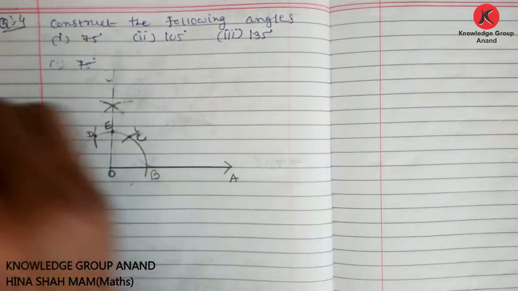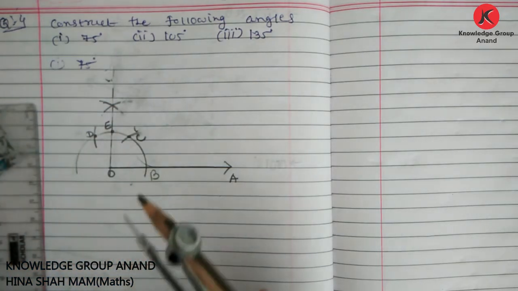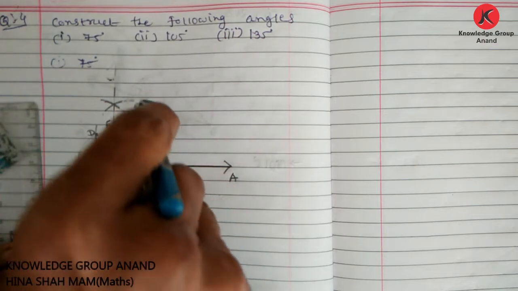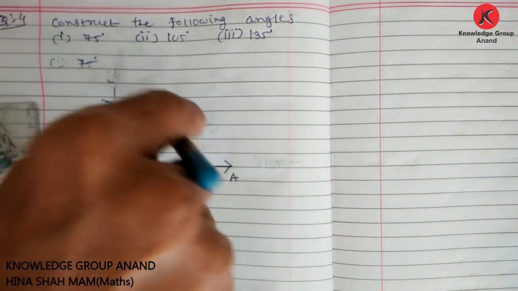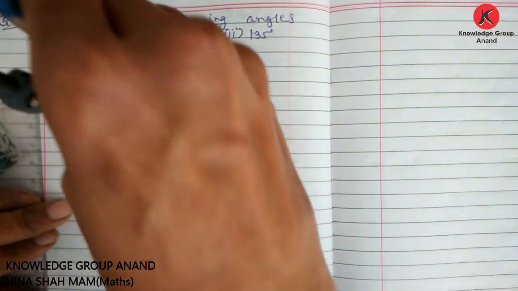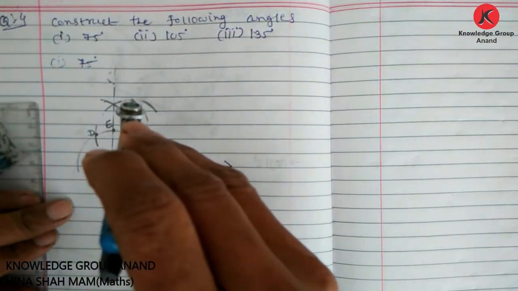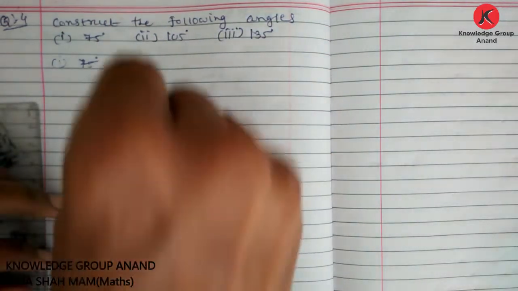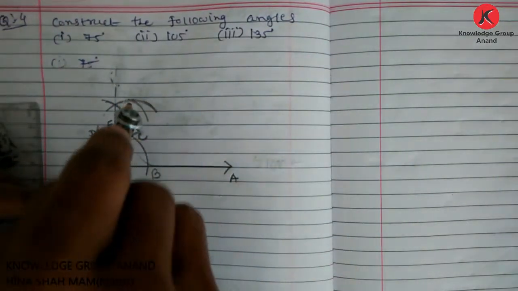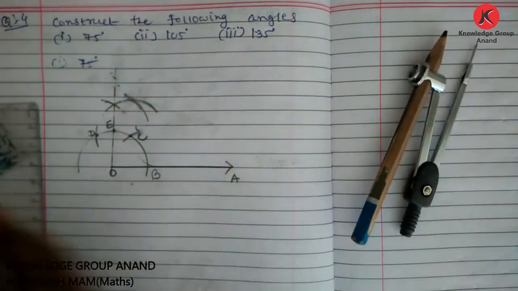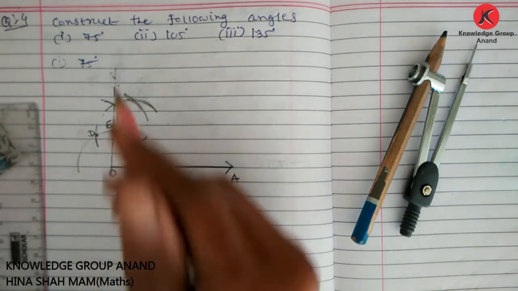Now the bisector of angle 150, that means 90 plus 60 is equal to 150. We draw here the first arc with center C and any radius, and center E and C. That gives 90 minus 60 is equal to 30.